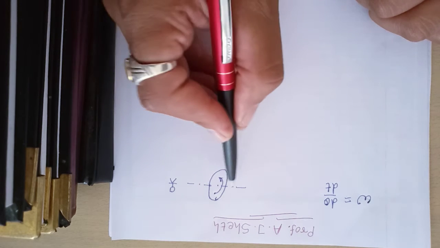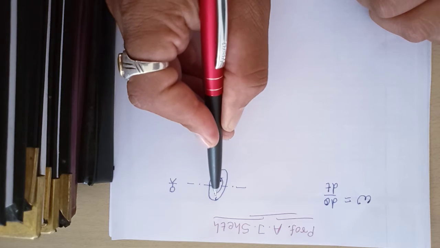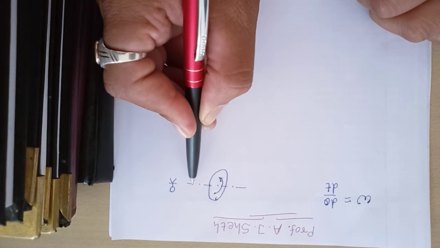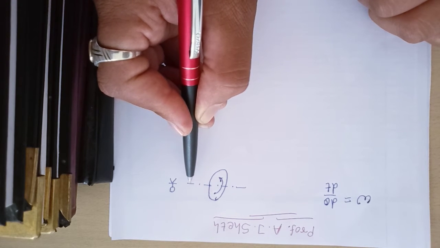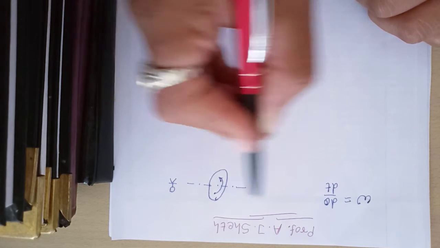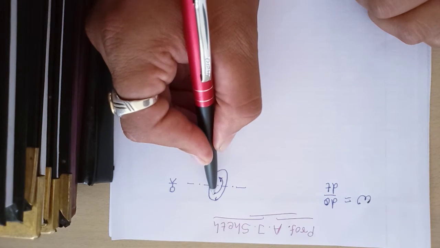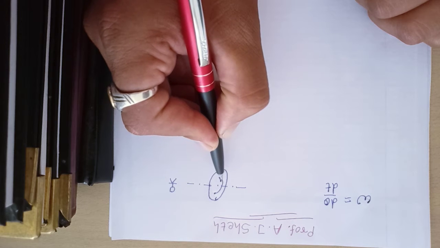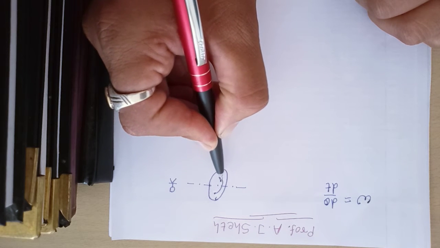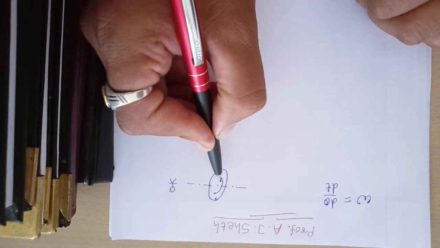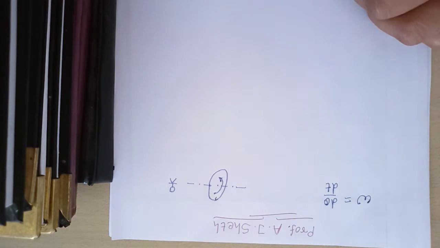Now, whenever the axis of the rotational body moves from a particular location with respect to time, that means whenever d theta occurs with this rotational body with respect to time, angular velocity is there.